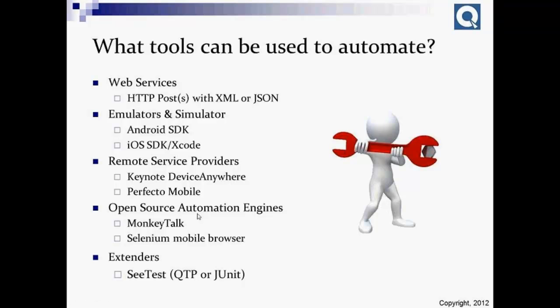The final example of popular automation techniques is what I call extenders. These are third-party vendors that develop libraries you can import into tools like QTP, a very popular web and desktop automation tool.